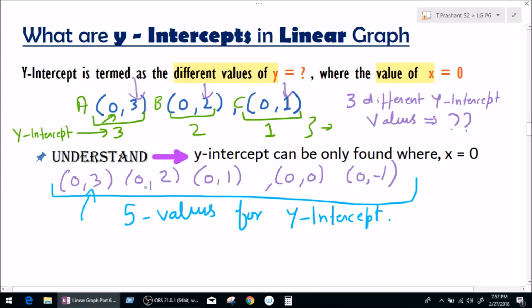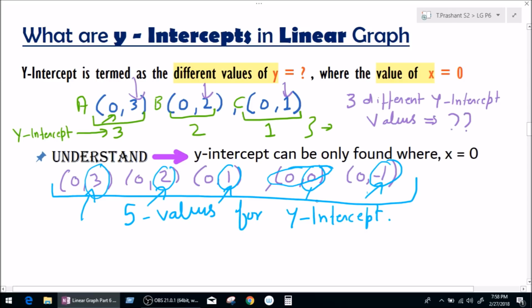The first value will be 3, the second value will be 2, the third value will be 1, the fourth will be 0, and please remember, (0, 0) is called the point of origin. Point of origin means the point where the x-axis intersects with the y-axis. And (0, -1). So the y-intercept values will be 3, 2, 1, 0, and -1.